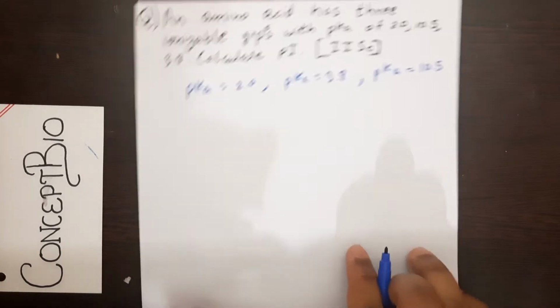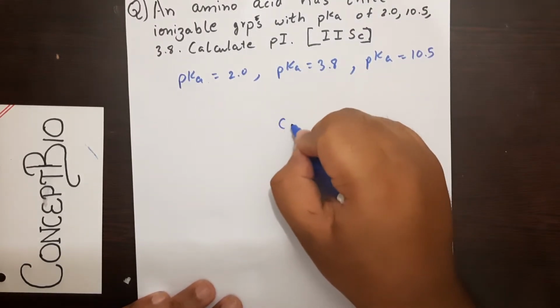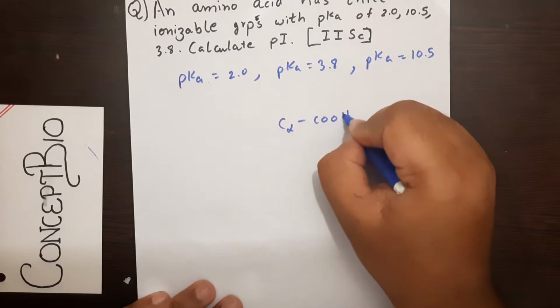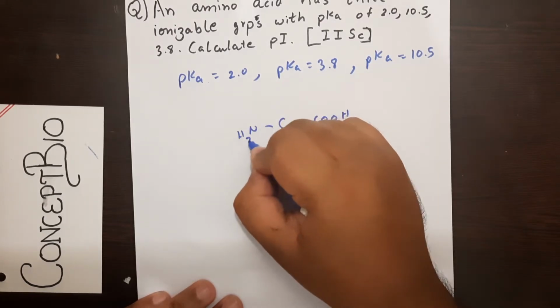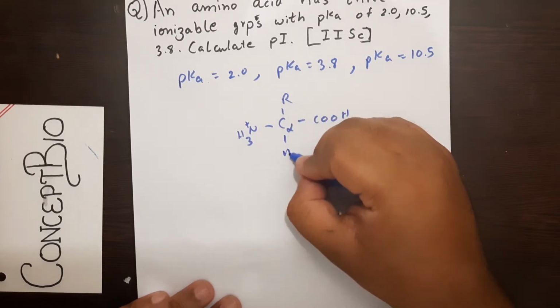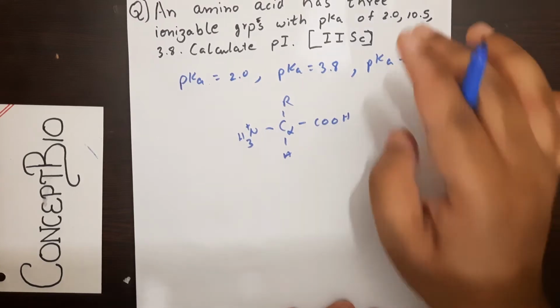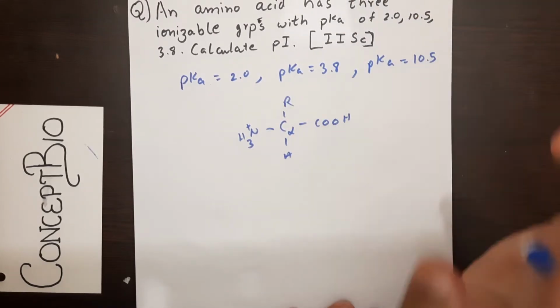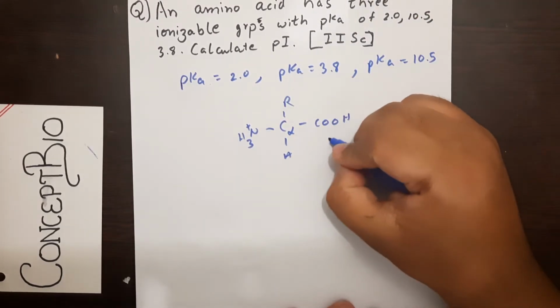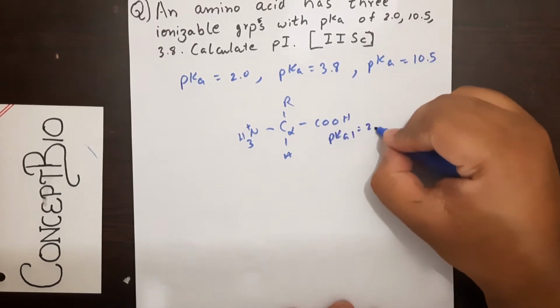Alright. So now, starting by looking at it, we know every amino acid will have an alpha carboxyl COOH, NH3 plus and R group and H bond over here. Now if we know there are three pK values, it means this R group is charged. Now we also know that the pKa1, which corresponds to your alpha carboxyl group, will always be around the range of 2.6.